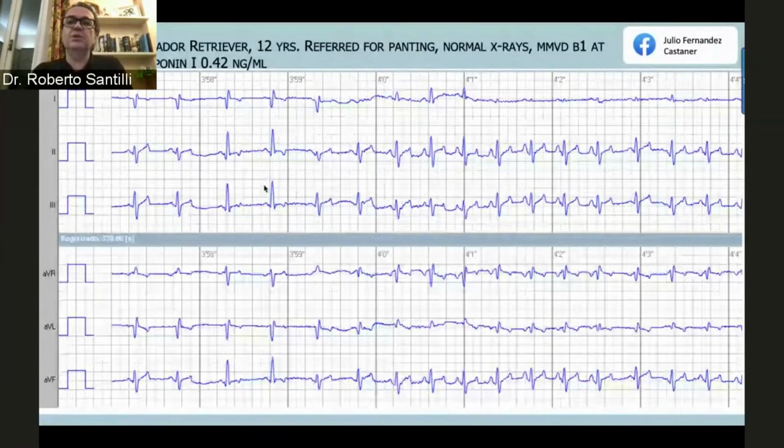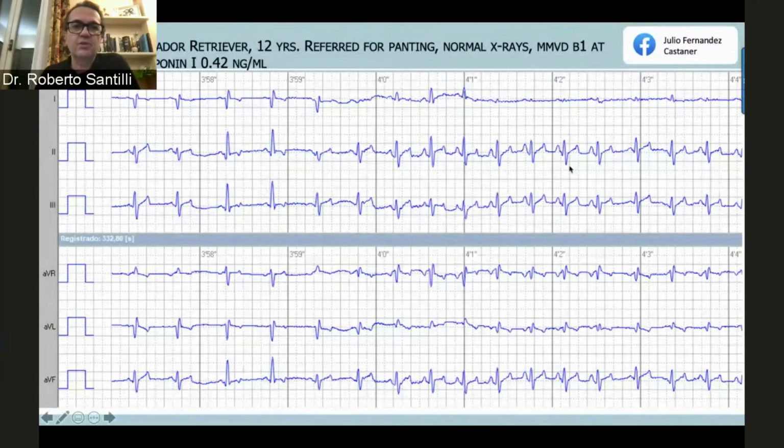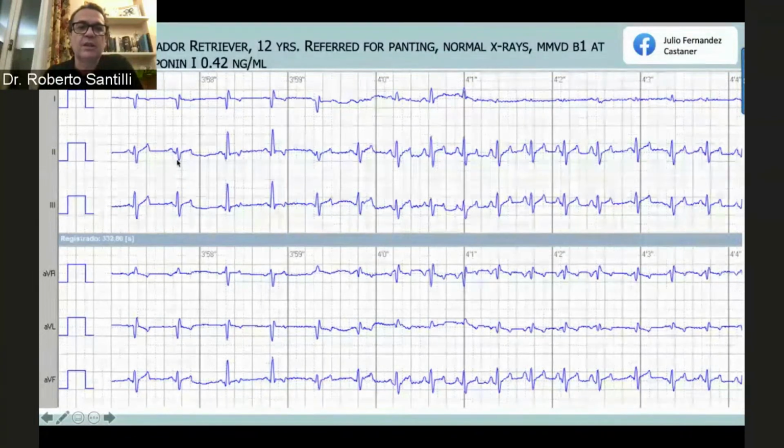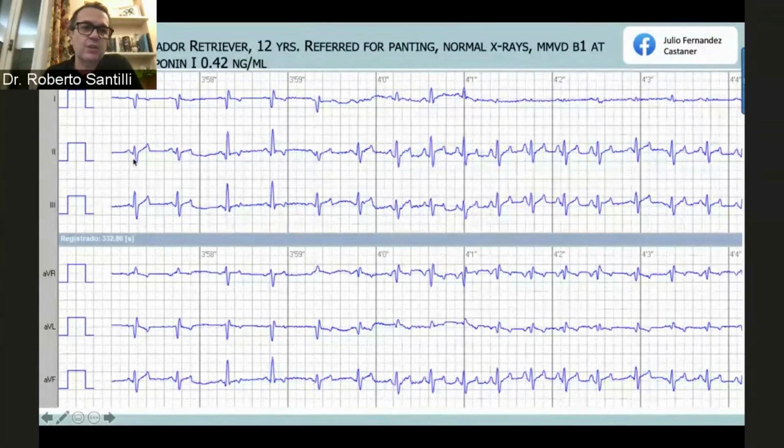What you see here is two different QRS complex morphologies and two different PQ intervals. What is interesting is that you have a slight change of the ventricular rate, and then it stabilizes with this type of QRS complex appearance.